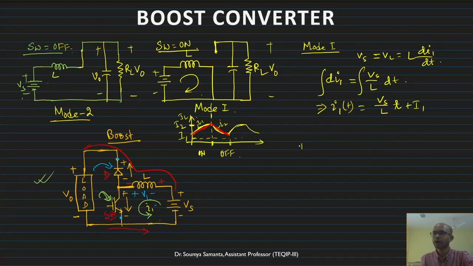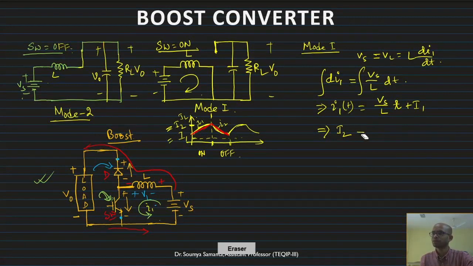Now what will we get for mode 2? Let's say the final value of I1 is I2. This I2 is the final value, and this is the initial value, for mode 1. What is I2?